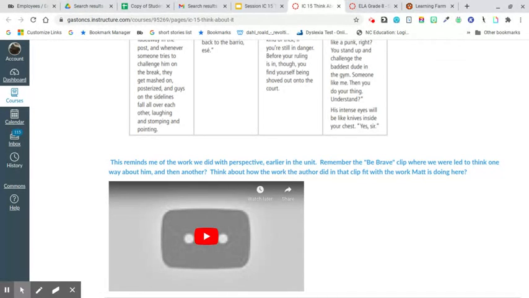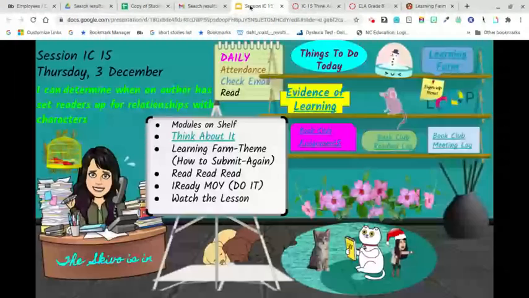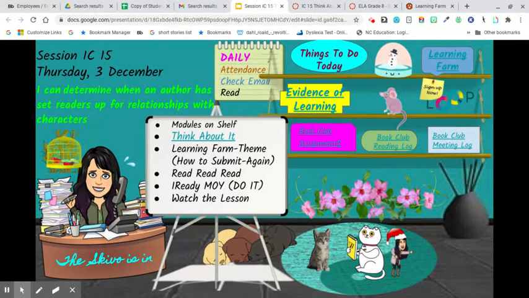I want you to look for when a character changes. It doesn't have to be the main character, just has to be a change in the character. So, to that end, you're going to go to evidence of learning.